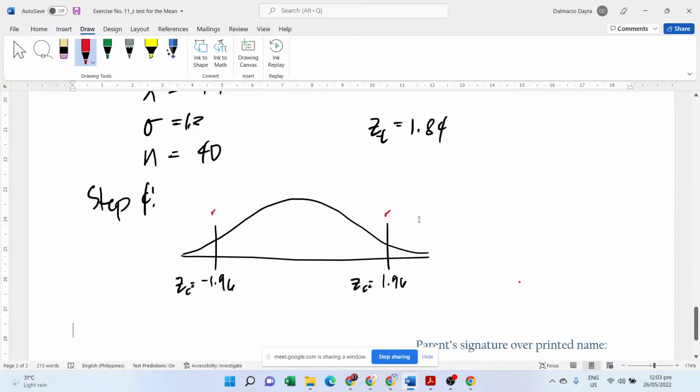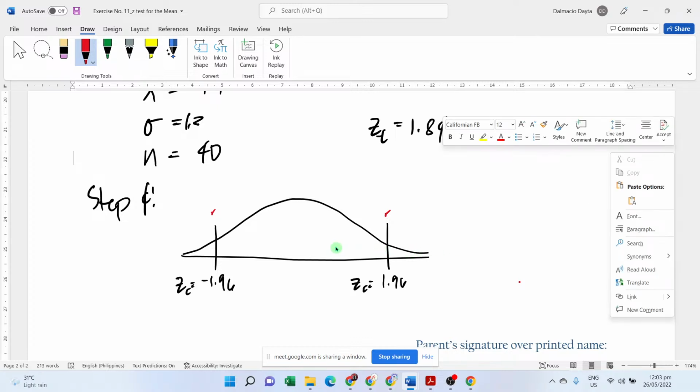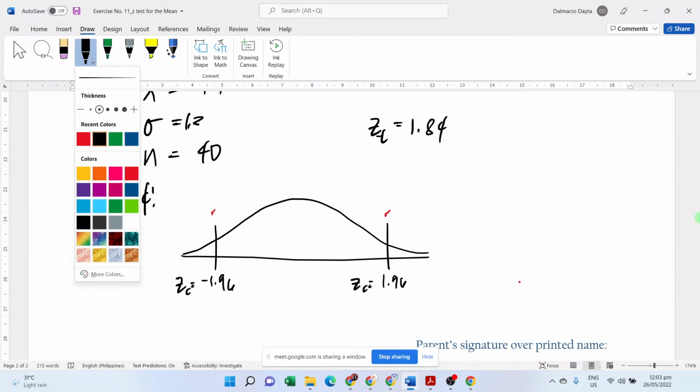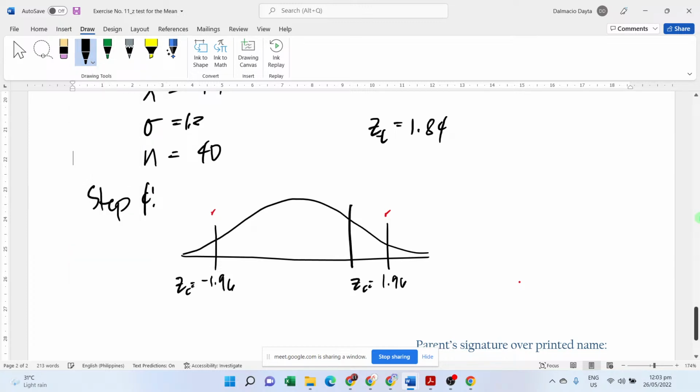Christine, tell me kung nahirapan ka doon sa tanong ko. I'm asking, nandito ba sa gitna? Nasa pagitan ba nitong dalawa? O nandito sa labas nito? O kaya nasa labas nitong 1.96? Nasa gitna po. Okay, that's what I am asking. Correct. Nandito yon, no? Somewhere malapit dito yung 1.84.